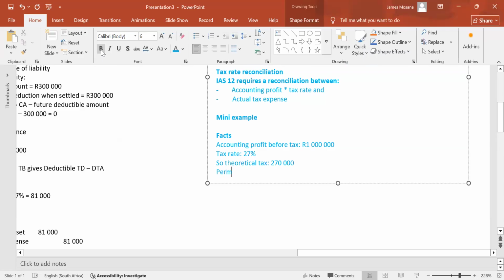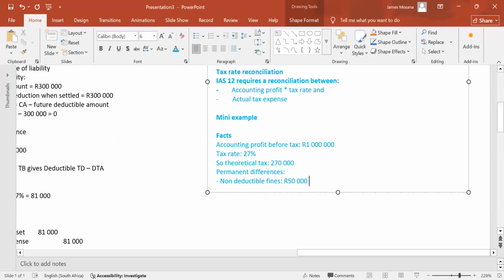So let's say we have permanent differences, and the first one would be non-deductible fines sitting at 50,000.